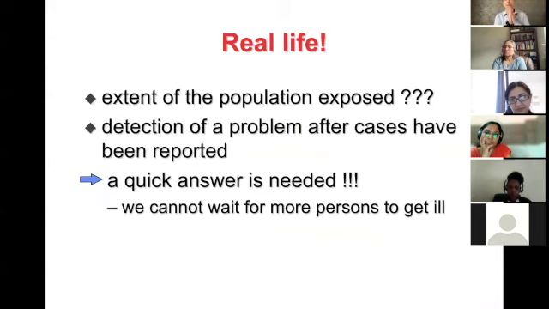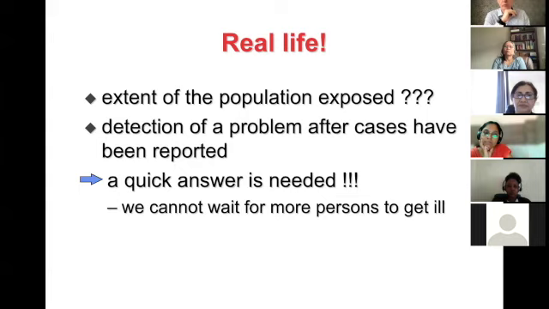Okay, now in real life, I would need to be a second person. So I don't have this split personality, but at the moment I need to actually think in a different way. In real life, the extent of the population exposed, we don't always know. The detection of a problem very often happens after cases have been reported.